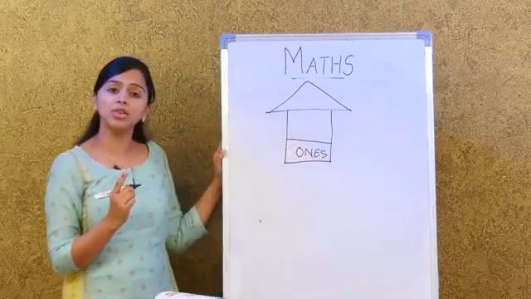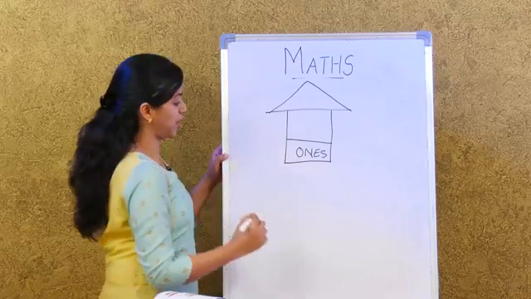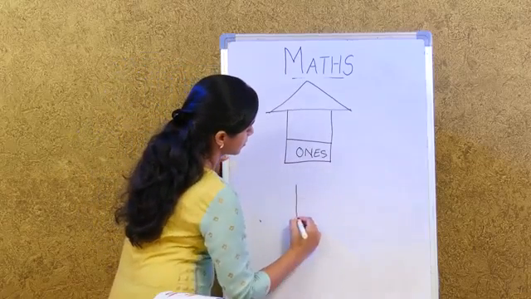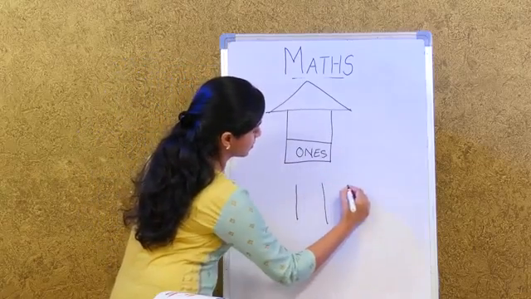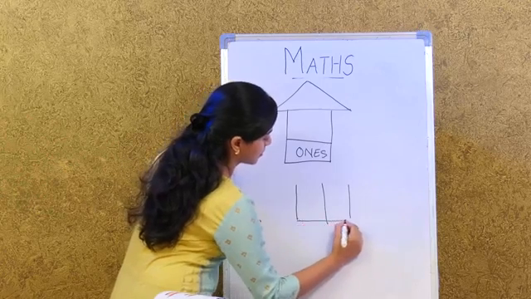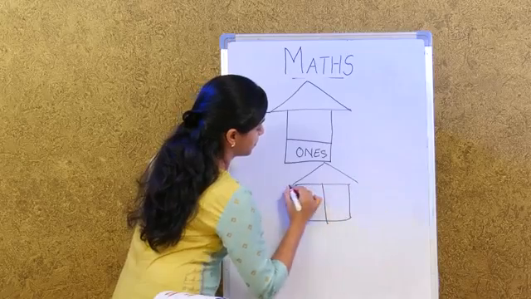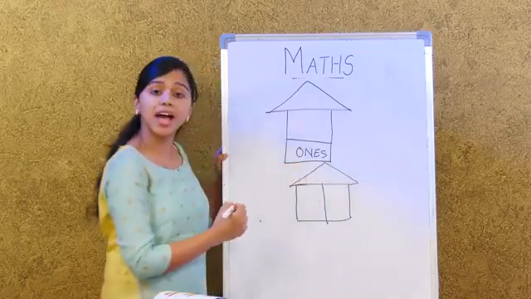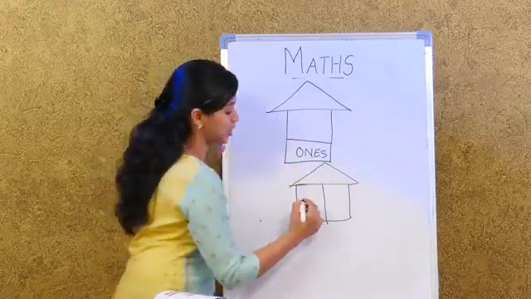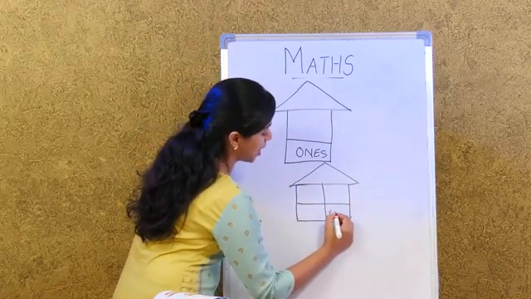Now let's look at a house which has 2 digits. How many rooms does this house have? It has 2. That is ones.